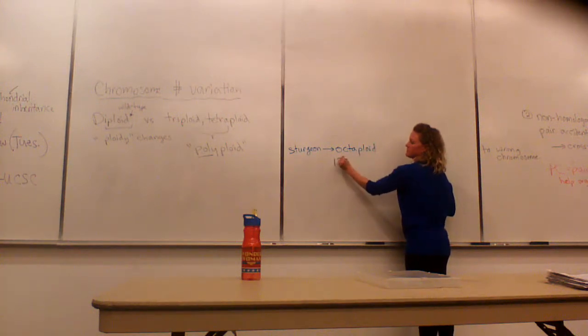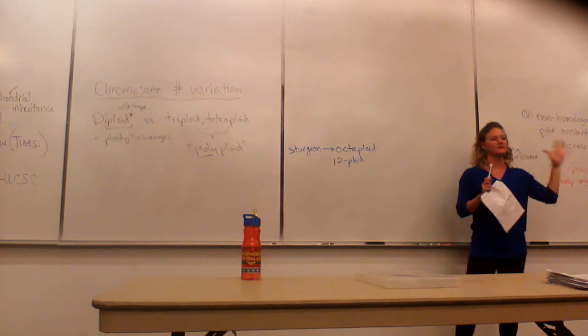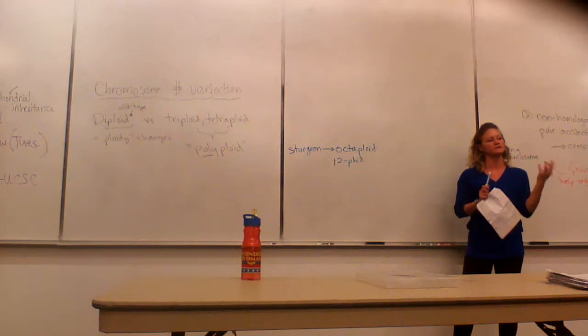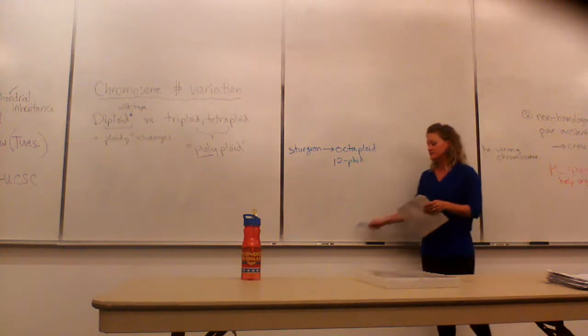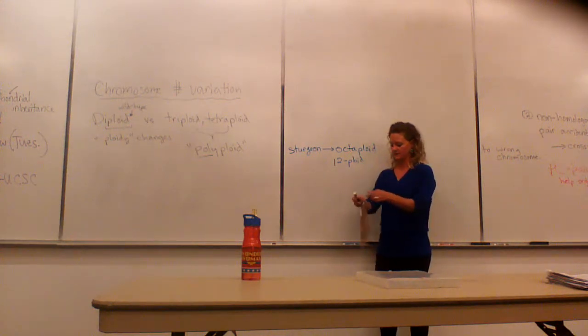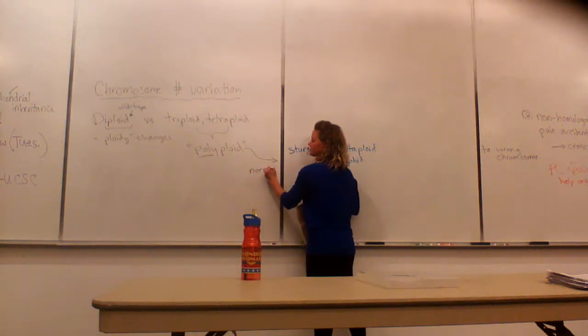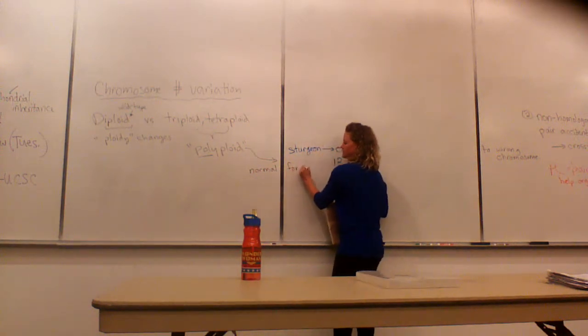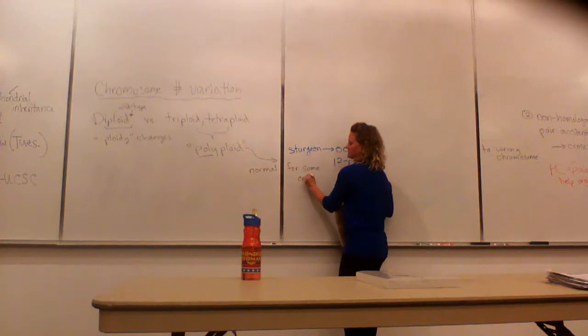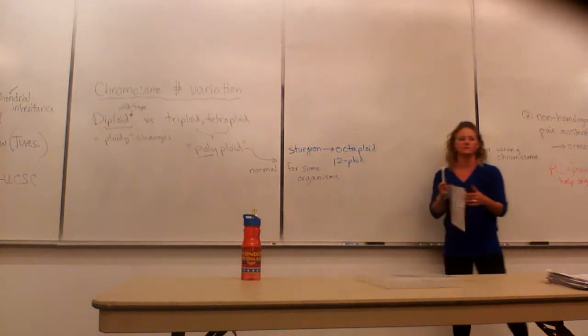But there's also a 12-ploid one, dodeca. So that's the normal, and they're happy, healthy, that's their normal genome state, to be polyploid. And there are many plants, sorry, that are polyploid, insects, reptiles, fish. So my point here is this is normal for some organisms. Not so much for humans and most animals.